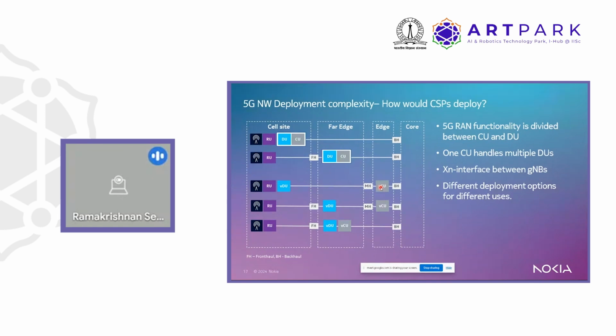This could be one deployment model. Otherwise, after I virtualize the DU, I could keep it at far edge, or I could also keep certain components of the core unit at the far edge. And here I could also co-locate the core, right?